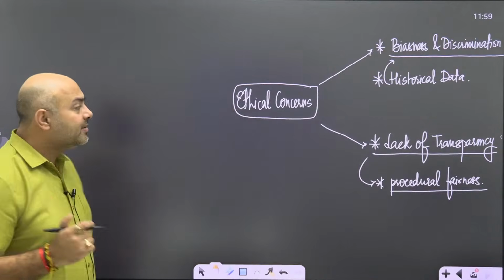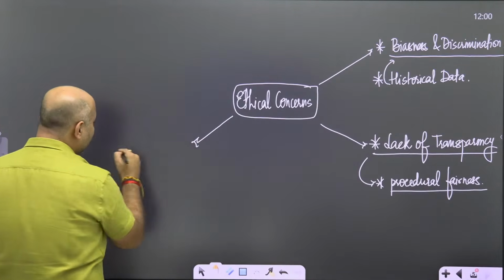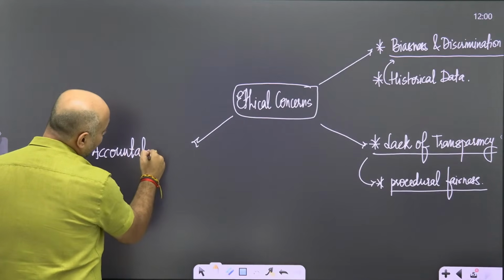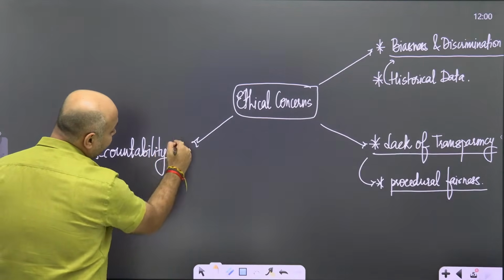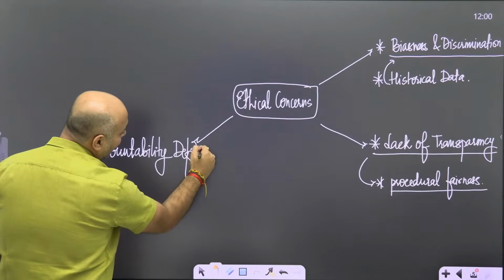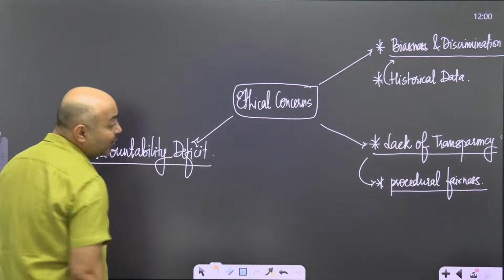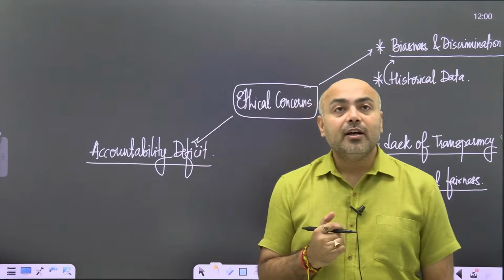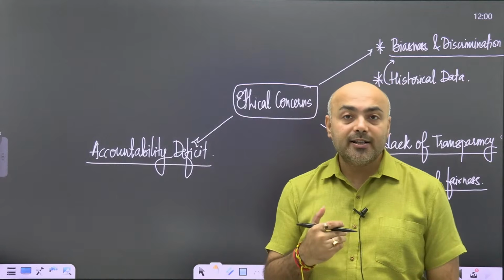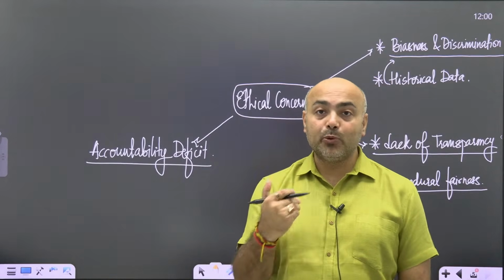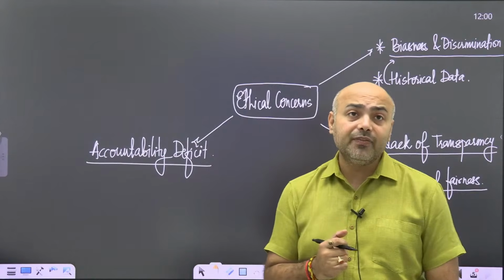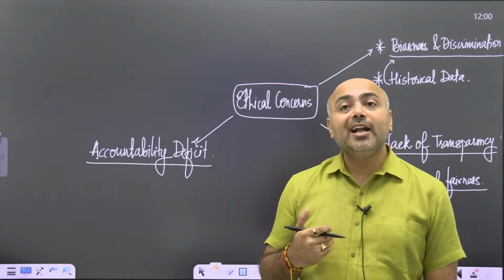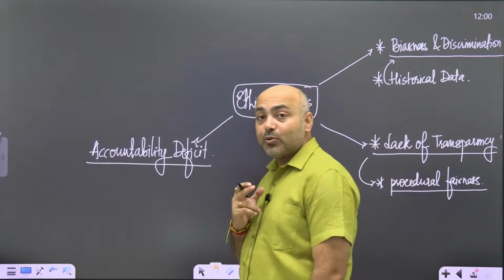Similarly, there are issues related to accountability. So there is an accountability deficit. That has to be understood, because if there are artificial intelligence assisted decisions, who is to be held accountable for those decisions if it goes wrong? If such decisions go wrong, who is to be held accountable? That is one very important issue.